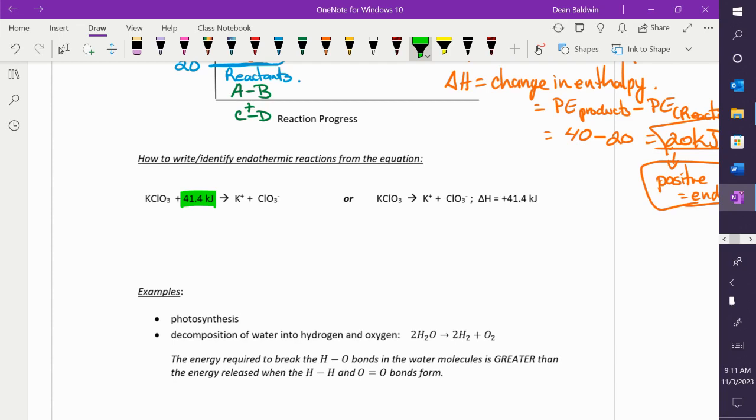So potassium chlorate plus 41 kilojoules of energy breaks it apart into potassium and chlorate. You can also represent it by writing the equation and then putting delta H off to the side and saying it is positive 41.4 kilojoules, indicating that you have to add energy into the equation.